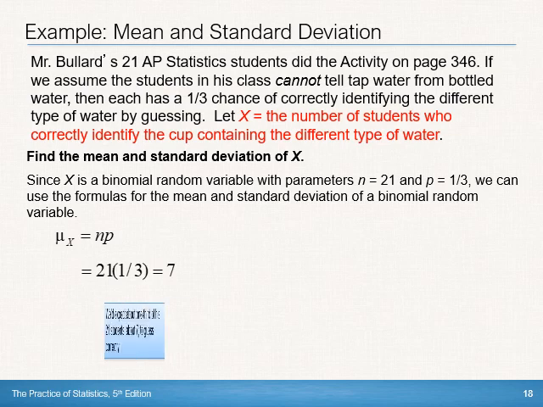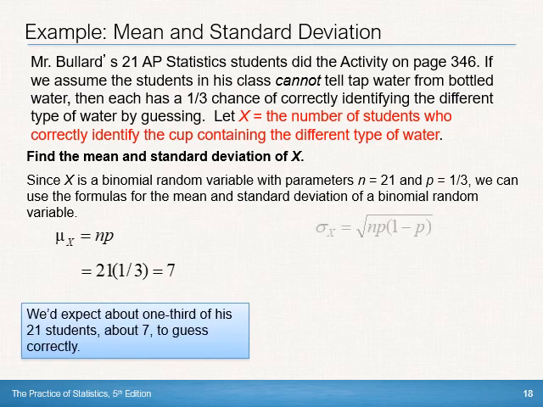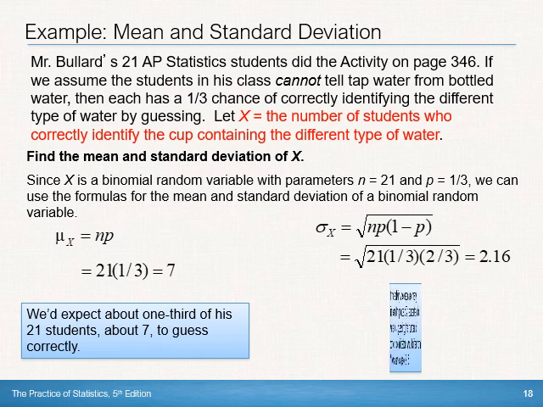And then the standard deviation: the square root of N times P times 1 minus P. So number of trials times the probability of success times the probability of failure, and then you take the square root of that. So that ends up being something more like 2.16.